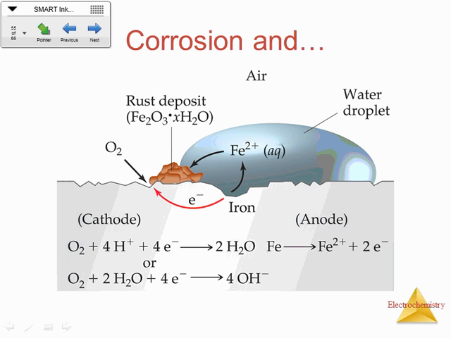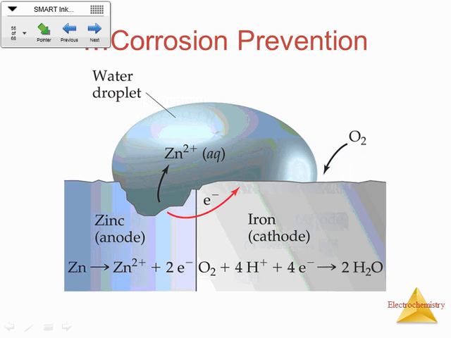So that's corrosion. Now, something you can do to prevent corrosion is have something called a sacrificial anode. What that is, it's something that has a higher tendency to be oxidized than the iron, right? So you put some zinc right next to iron.